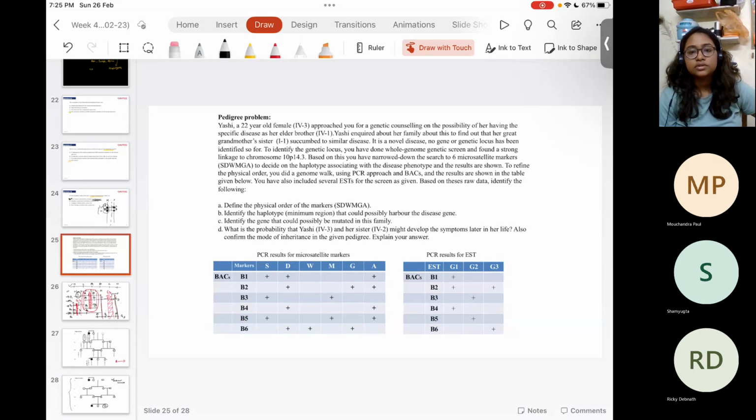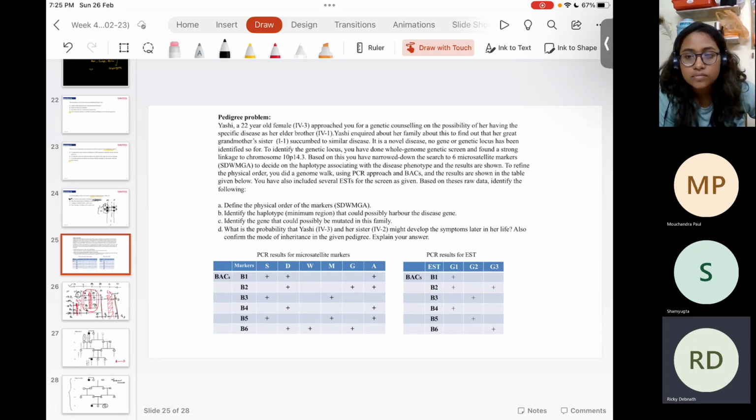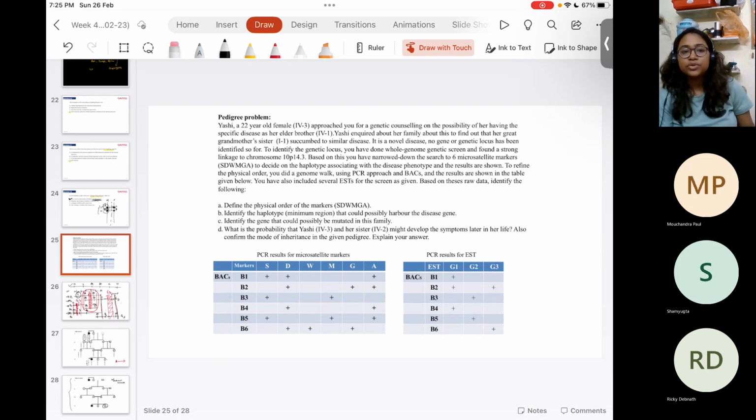Does it require any separate subscription to look at the Khan Academy website? On Khan Academy, you can look at the topic of recombination and linkage. There they have similar questions which talk about the order of the linked genes.